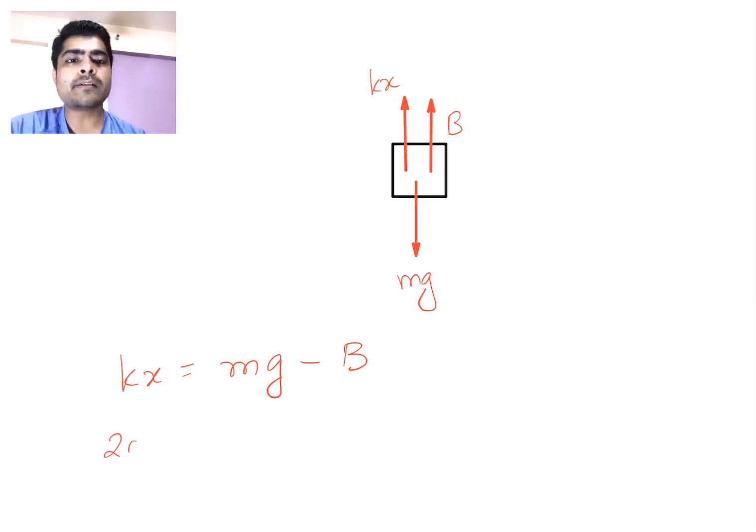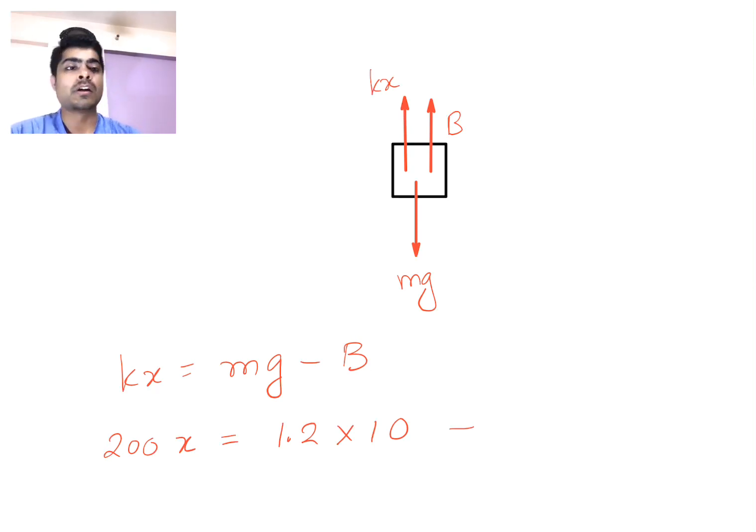So K is 200 times x equal to mass of the block is 1.2, g is 10, minus now what is the buoyant force of the block. So to find that, we need to know the density of water. So density of water is 1000 kilogram per meter cube into volume of the block.